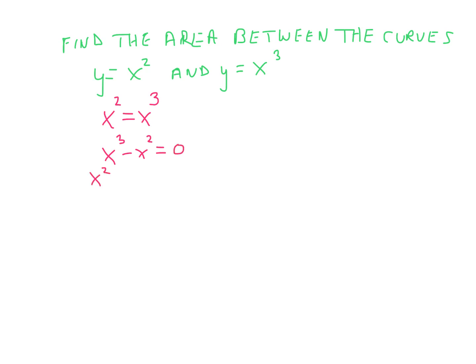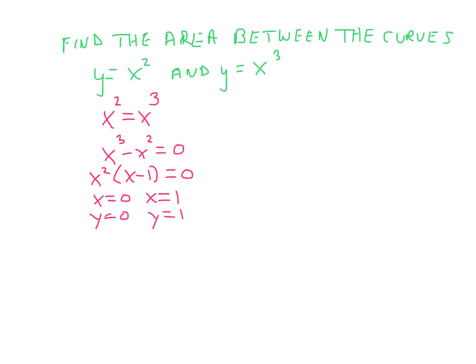We have x squared as a common factor, then we have x minus 1 as the leftovers. And so we can see that either x equals 0 or x equals 1 are the roots of this equation. So they're the x values for our intersection points. When x equals 0, y equals 0, and when x equals 1, y equals 1.